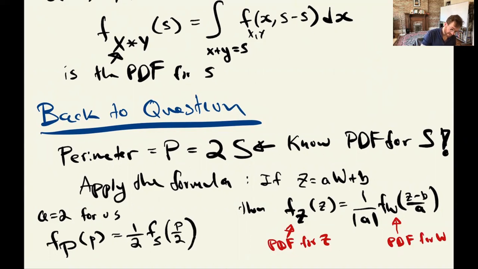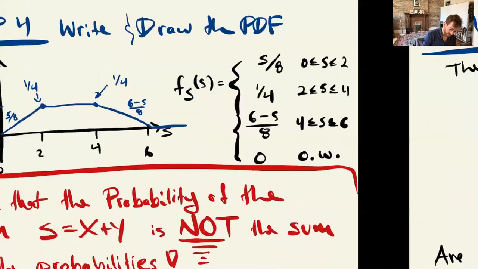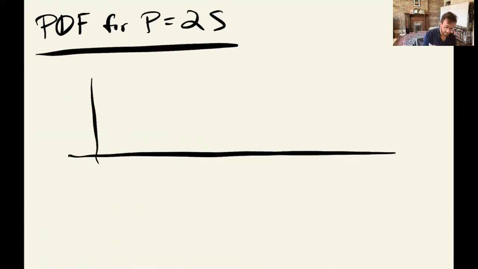So if I sketch this, and remember, this was the PDF for S, what ends up happening is that the PDF for P, which is 2 times S, well, now we have twice the possible value. So we go from 0 to 12, which is 2 times 6. And now instead of going up to a 4th, plateauing and then going down, we go up to an 8th.